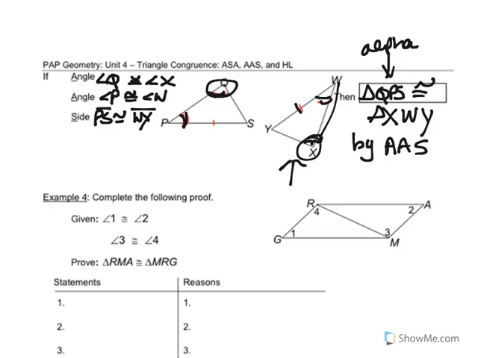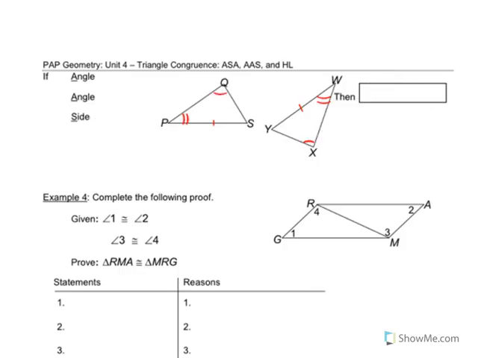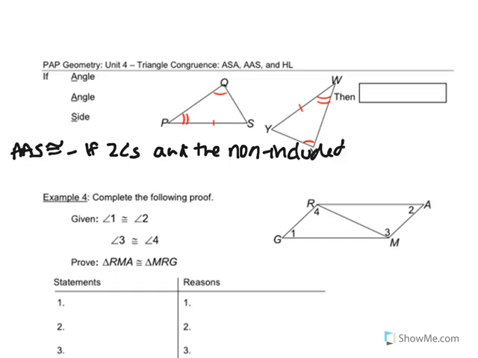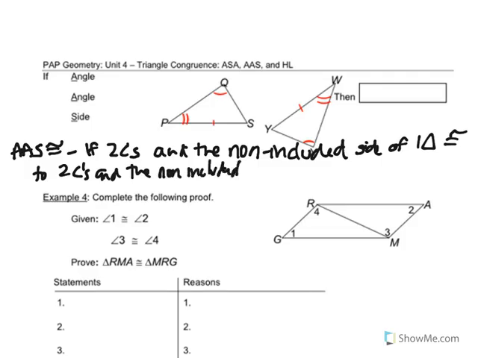Okay, now let's go ahead and write out the postulate for you. Angle, angle, side congruency is if two angles and the non-included side of one triangle are congruent to two angles and the non-included side of another triangle, then the triangles are congruent.